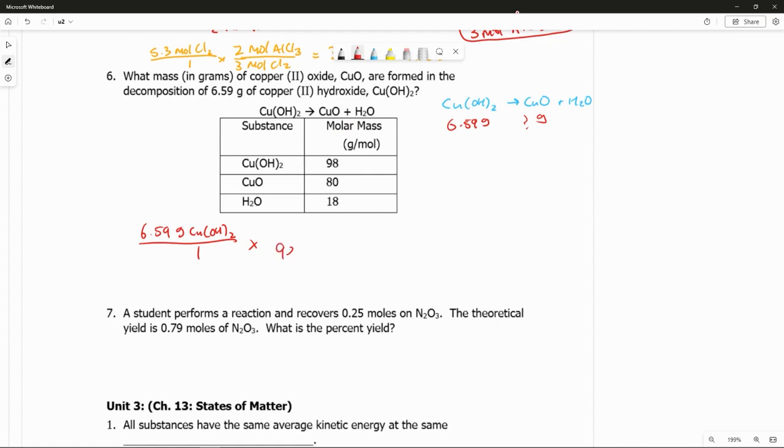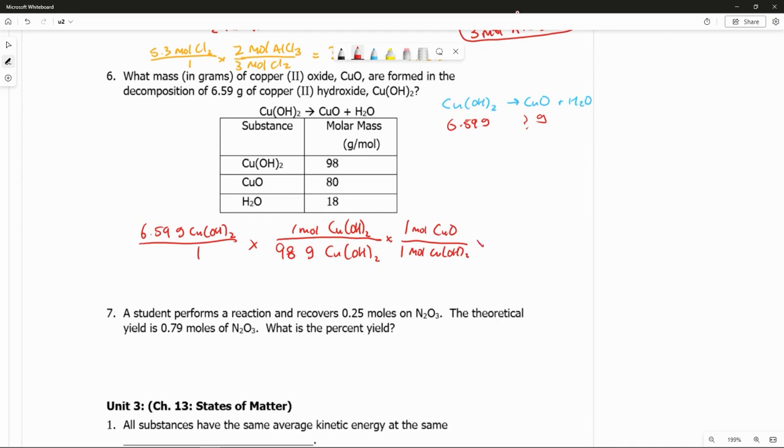For every 98 grams of Cu(OH)2, we have 1 mole of Cu(OH)2. And so for every 1 mole of Cu(OH)2, in our equation, we have 1 mole of CuO.